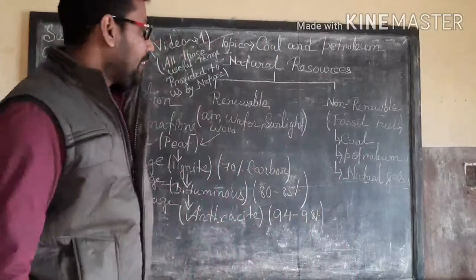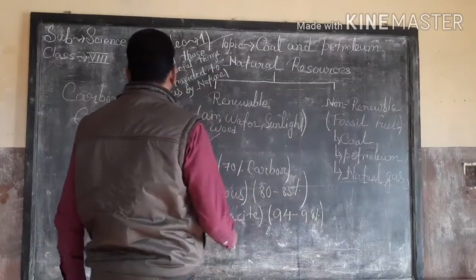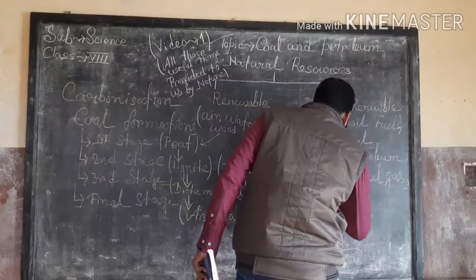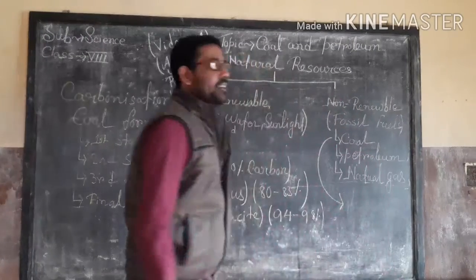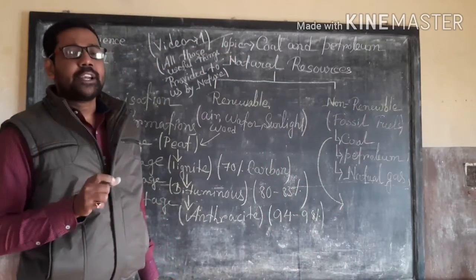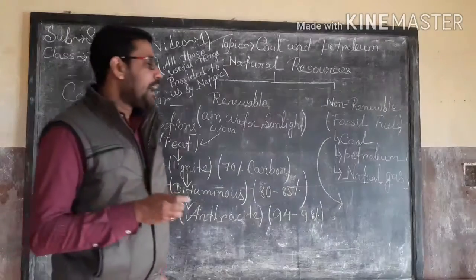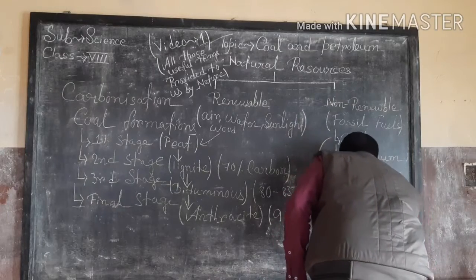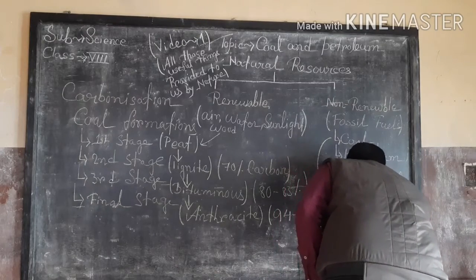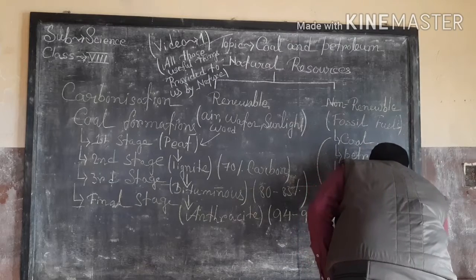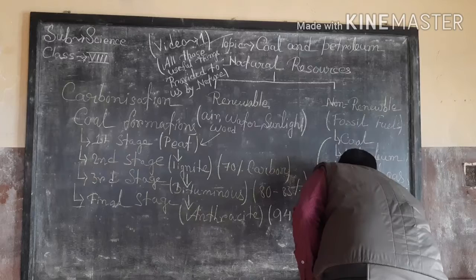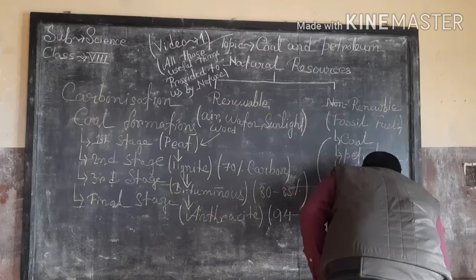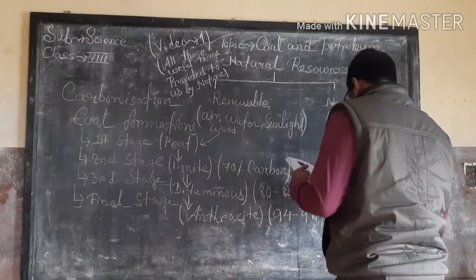So from this coal we can easily get other organic or inorganic products, that is coal tar and coal gas.